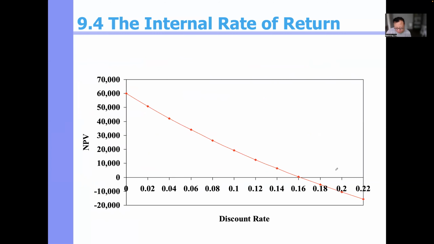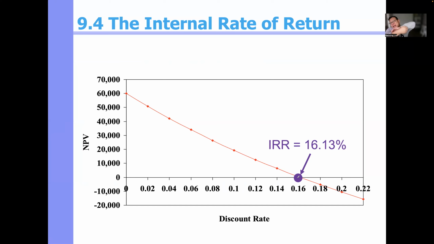If you take a look at this picture, the red line is the present value. When the present value equals 0, that's where the red line crosses the x-axis. That is 16.13%.